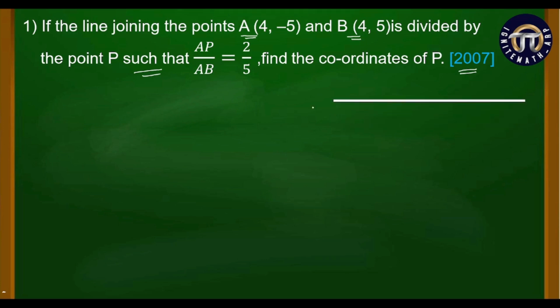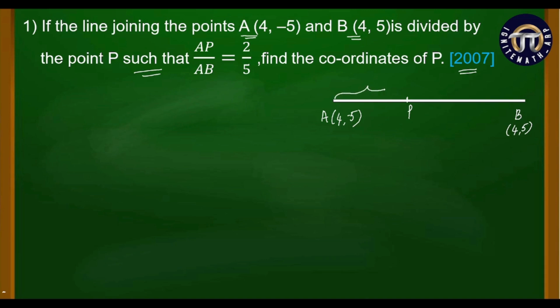I am calling this point as A and this end point as B. The coordinates of A are (4, -5) and coordinates of B are (4, 5), which is divided by a point P somewhere over here, children.